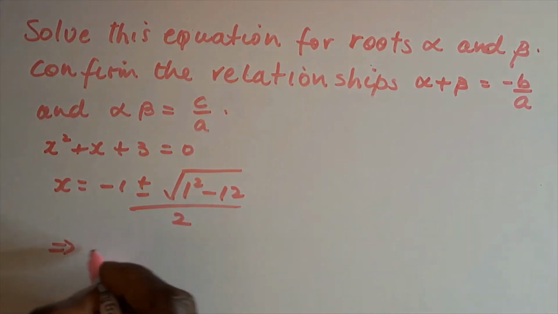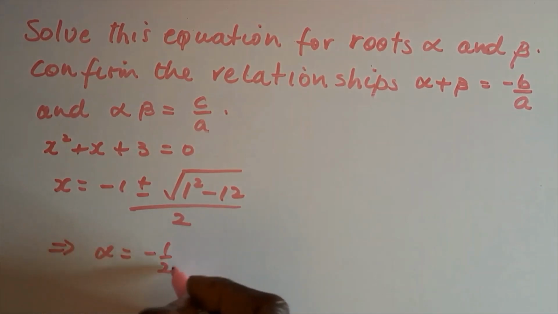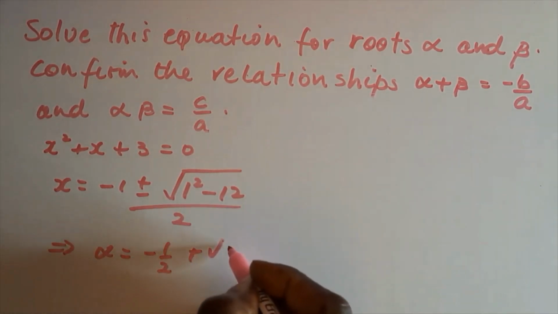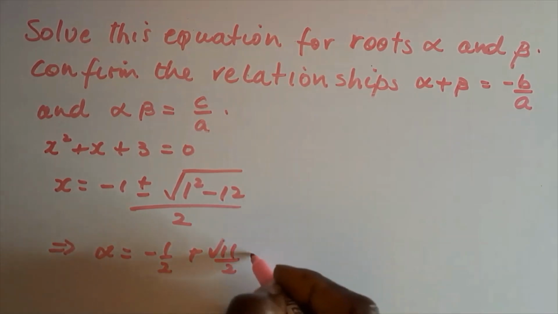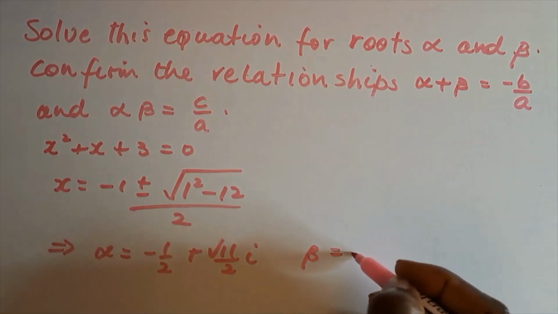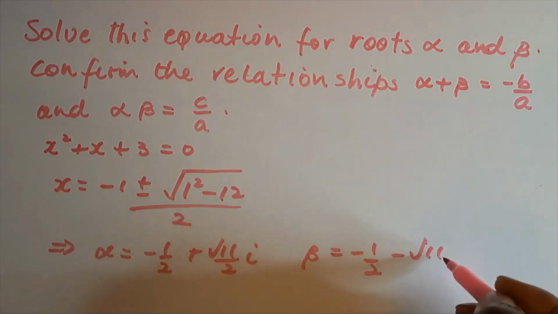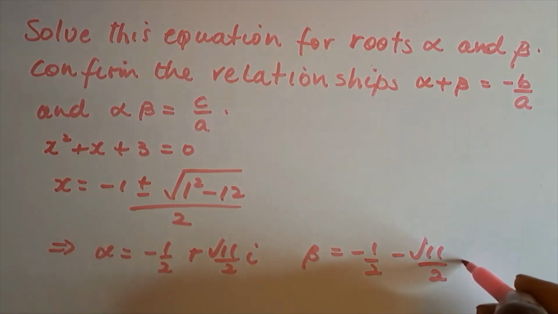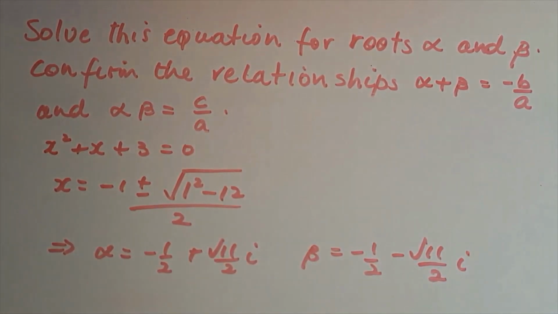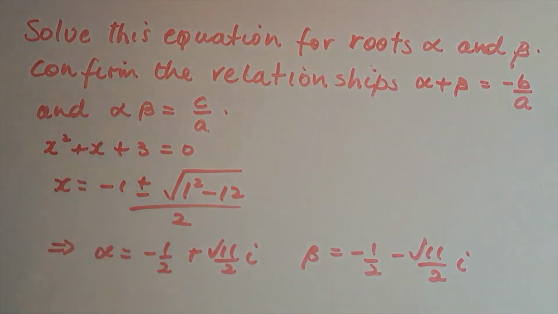And this implies that our roots alpha is equal to minus a half plus root 11 over 2i, and beta is equal to minus a half minus root 11 over 2i. Next, we have to confirm these two relationships, alpha add beta and alpha times beta.